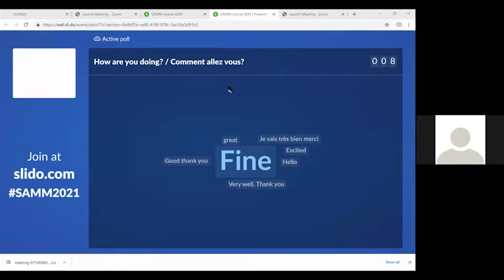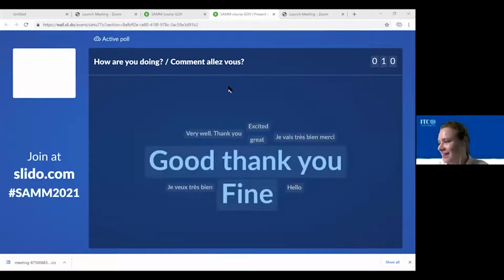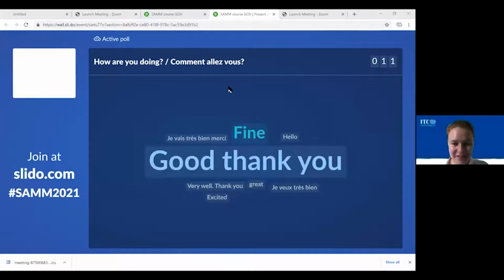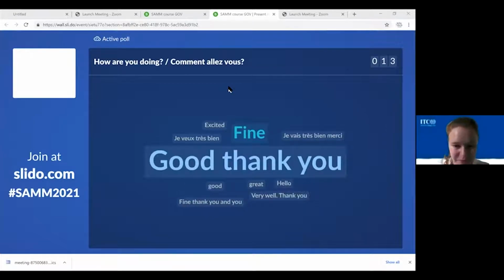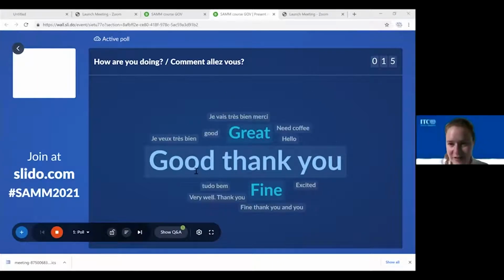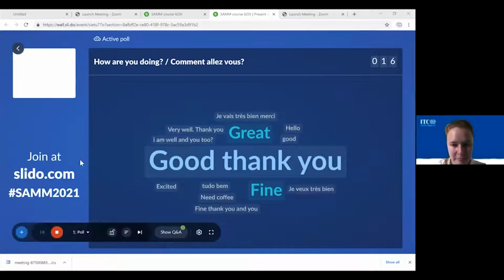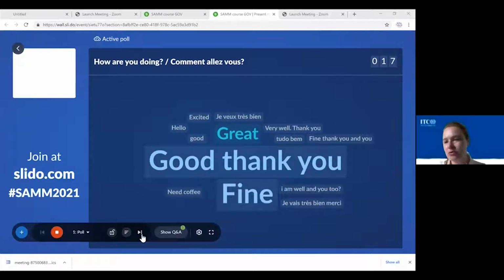For the moment, everything is fine, excited, very well, great. It's good to read positive comments. Right, so everything clear for the mechanisms of Slido?